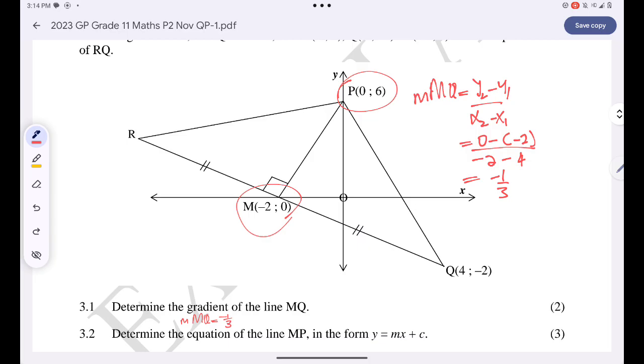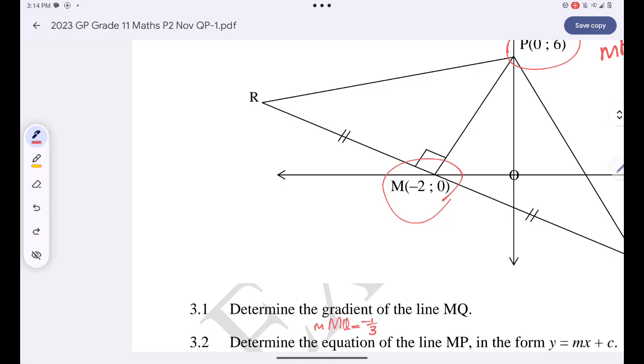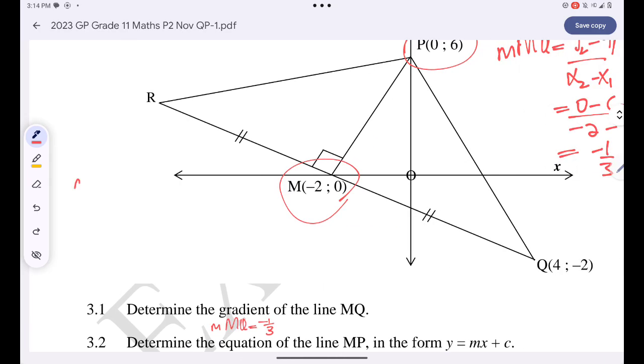Whenever you have 2 lines which are perpendicular to one another, please note that the product of the gradients of those lines is always equal to minus 1. Are you together? So I can therefore say that the gradient of line MP is simply equal to 3.